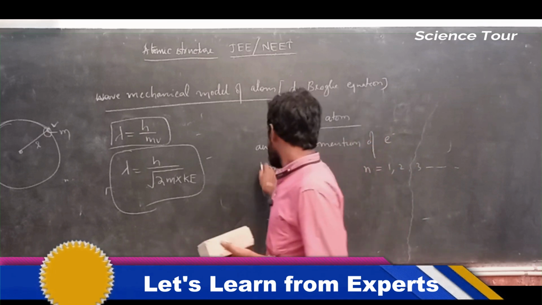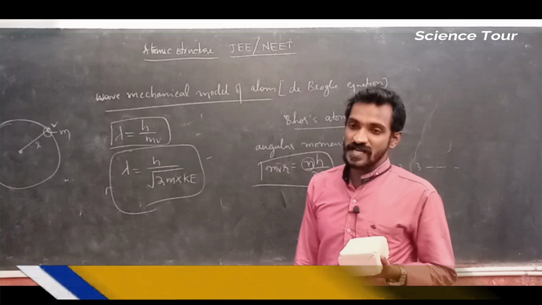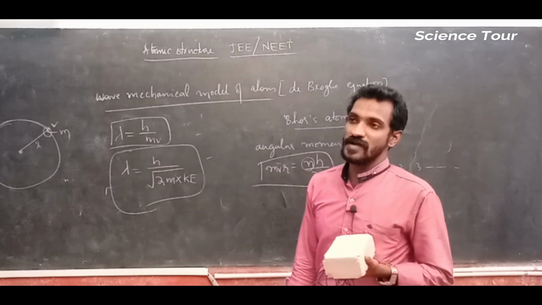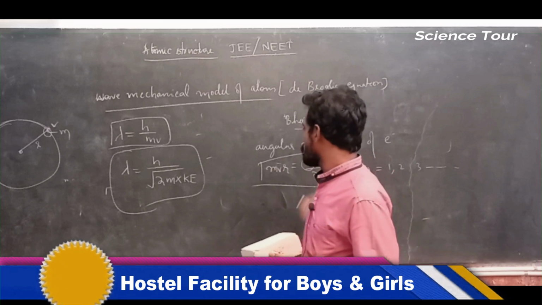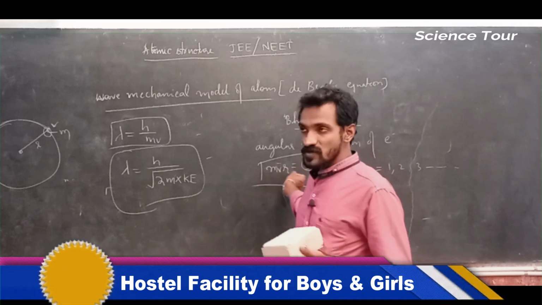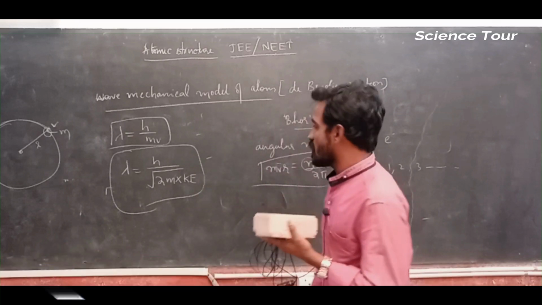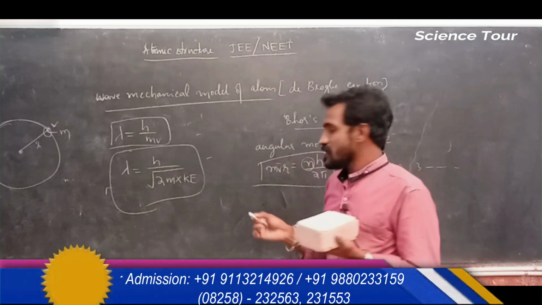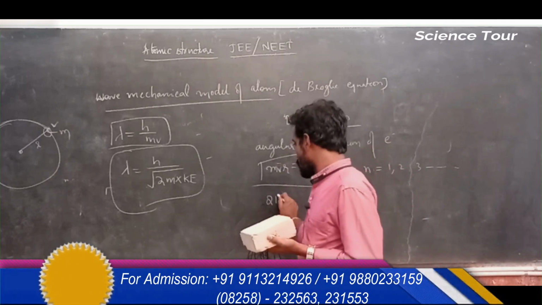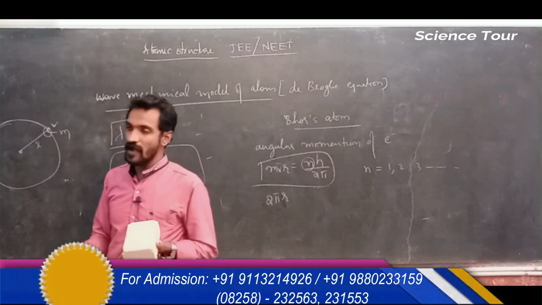So remember, my dear students, mvr is equal to nh by 2 pi, an integral multiple of h by 2 pi. This derivation is explained in your class video, so just go through that video. Along with this, 2 pi r is nothing but the circumference, so we can also write mvr in terms of 2 pi r.